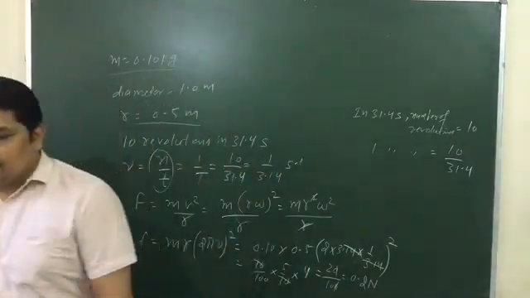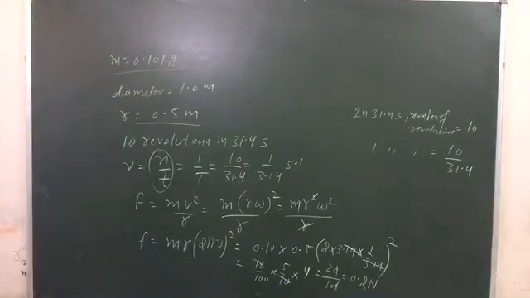From this relation, we can find the magnitude of centripetal force, and the direction of centripetal force is directed towards center of circular path and along radius of the circular path at any point. Therefore, we can find centripetal force.